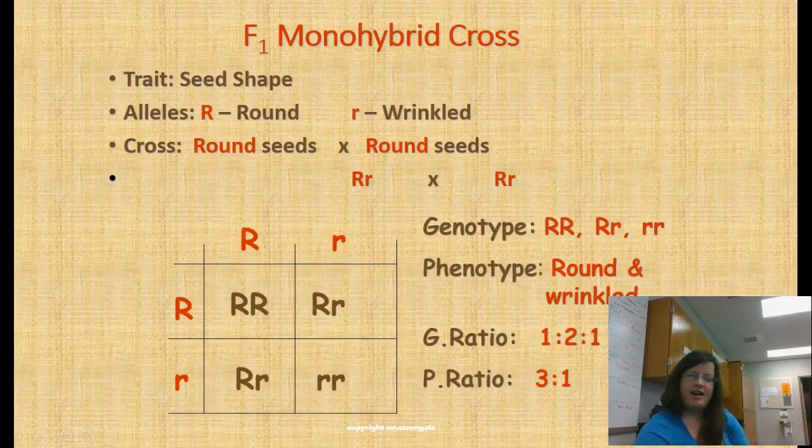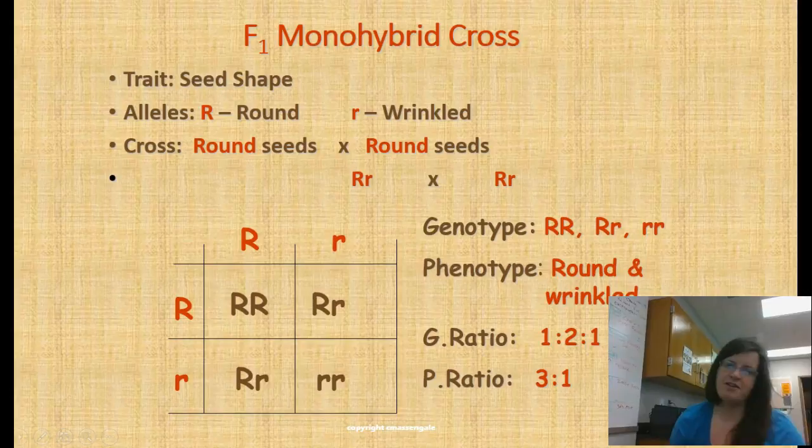So you have 3 different genotypes in this Punnett square, and you actually have 2 different phenotypes too. You're going to have both round and wrinkled seeds because you have that recessive trait. So your ratio is going to be 3:1 for your phenotype, because big R, little r is going to be round, and so is big R, big R. Those are 3 of your 4 squares.